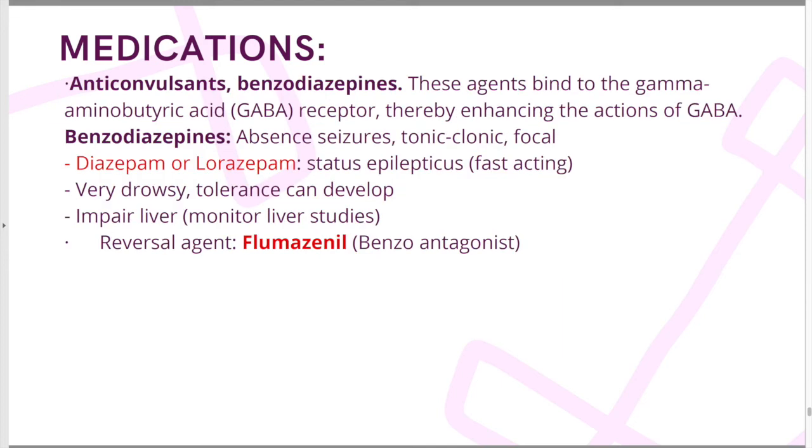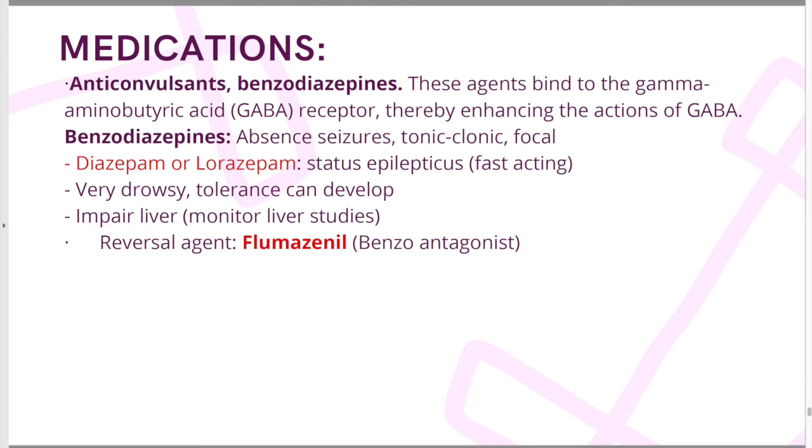Next is anticonvulsants, benzodiazepines. These agents bind to the gamma-aminobutyric acid receptor, or GABA, thereby enhancing the actions of GABA. Benzodiazepines are used with absence seizures, tonic-clonic, or focal seizures. Diazepam or lorazepam are more common for status epilepticus because they are fast-acting.